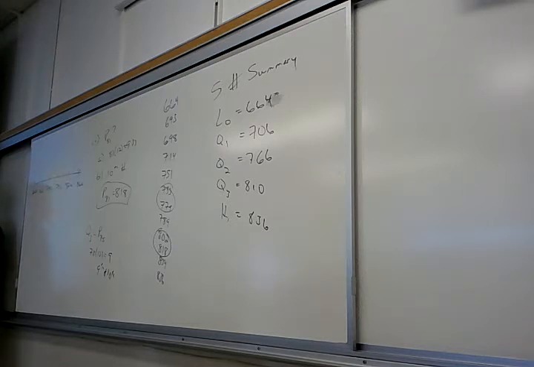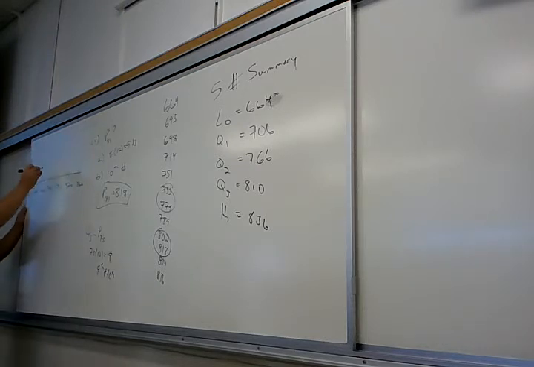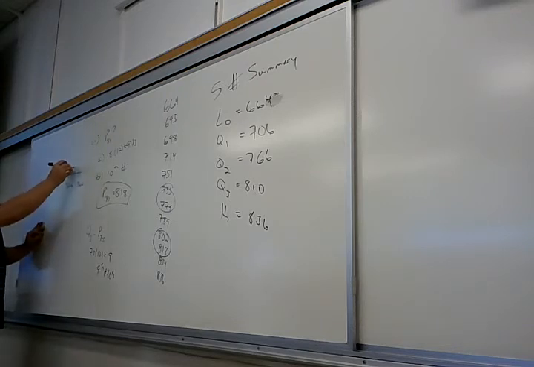Good job. So now, here's the cool thing. We've done stuff like that before, not a big deal. Put a line over each one of the 5-number summary points. So like 664, put a line there. 706, put a line there. 766, put a line there. 810 will be about right there. 836 will be about right there.